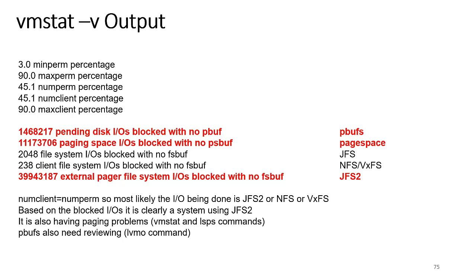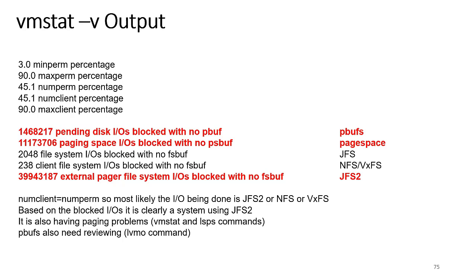So the pbufs are pinned memory buffers, and basically when I go to build an I/O, the first thing I do is request a pinned memory buffer for that volume group. I then start to build my I/O. If it's a paging I/O, I then have to request a page space buffer. If it's a JFS2 I/O, I request a JFS2 buffer, which is an external pager file system buffer.